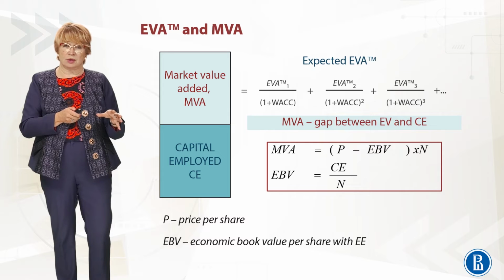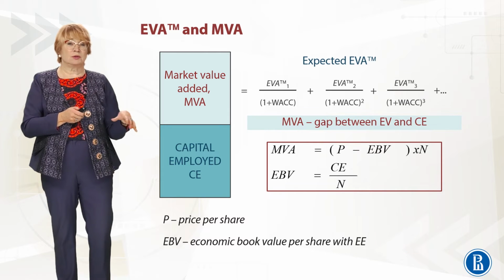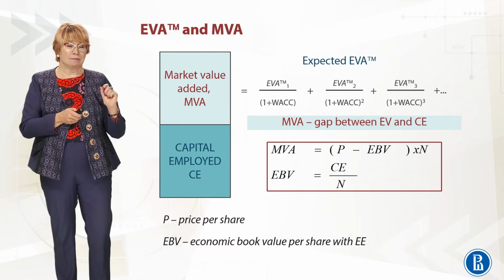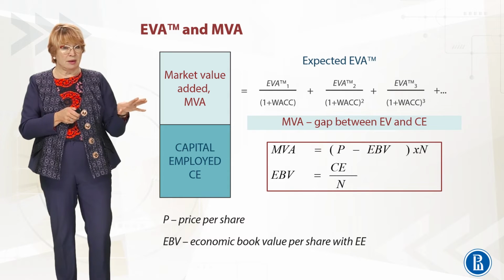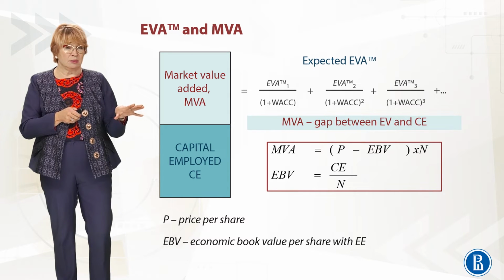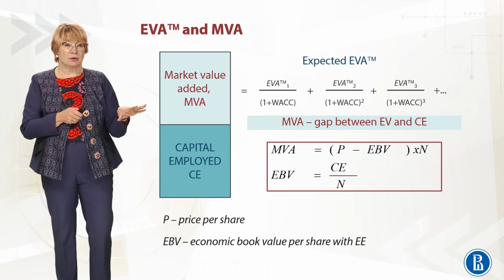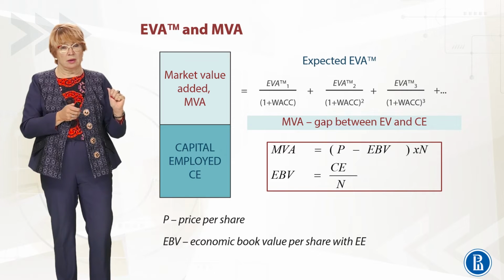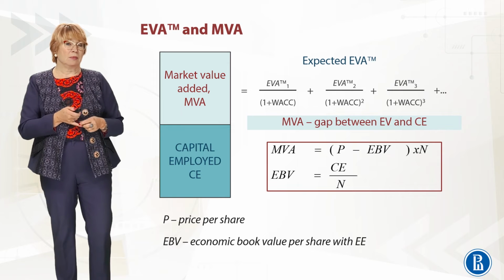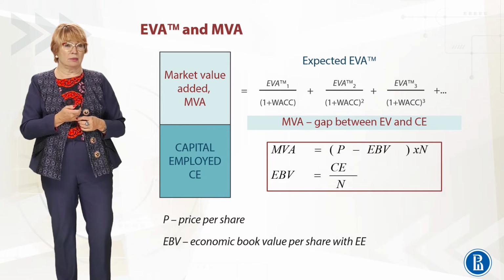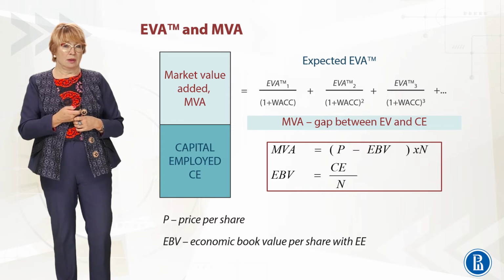And we are differentiating between strategic expenses and just regular, ordinary, simple expenses. The strategic expenses would be capitalized and then capital employed would be increased. So the economic book value is the result when you divide your adjusted capital employed with the equity equivalents by the number of shares outstanding.